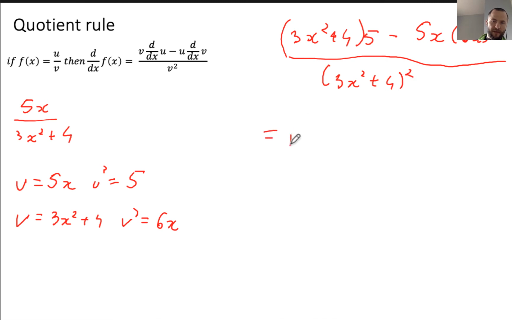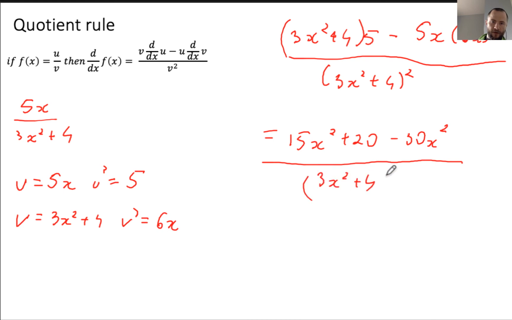Simplify a little bit: 15x squared plus 20 minus 30x squared, divided by the same expression, 3x squared plus 4, all that squared. And then you could simplify it by cancelling the 15s, but it's the same thing.